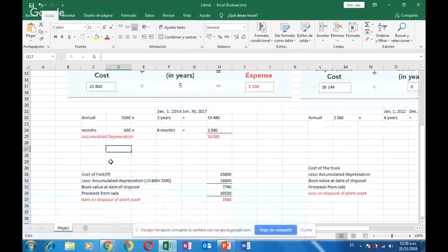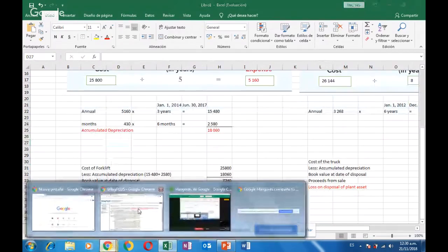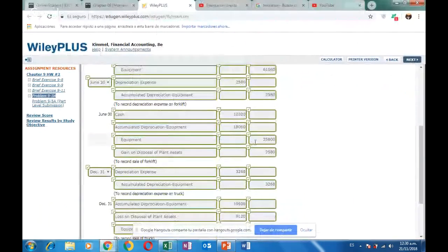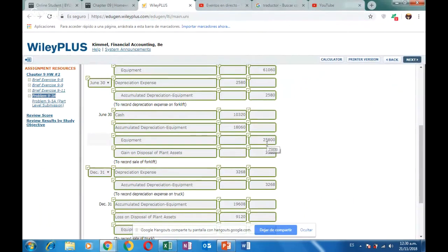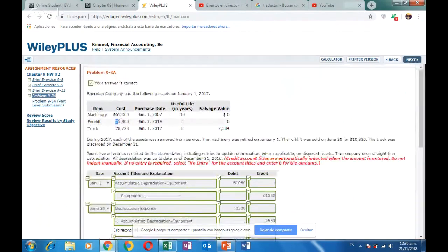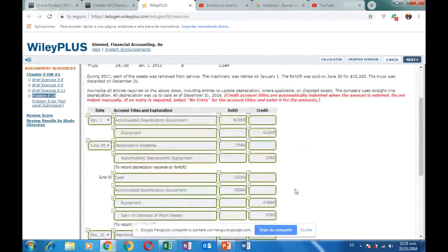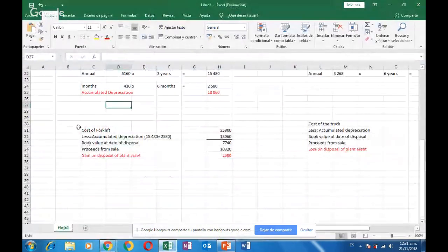Then we will credit the equipment account, which is the original cost, 25,800. And to calculate the gain on disposal of plant assets, I found this in the PowerPoint.